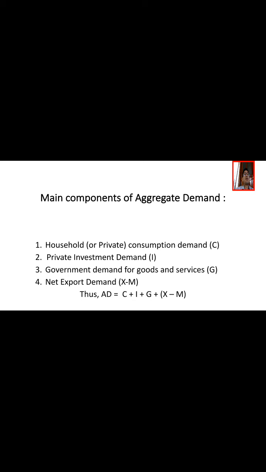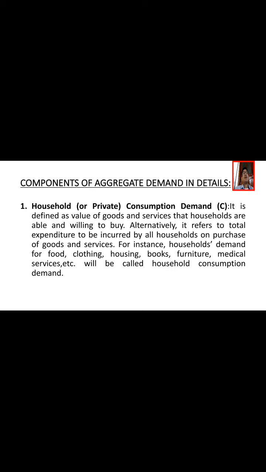We will now discuss the components of aggregate demand one by one in detail. Number 1, the household or private consumption demand. It is defined as the value of goods and services that households are able and willing to buy. Alternatively, it refers to total expenditure to be incurred by all households on purchase of goods and services.